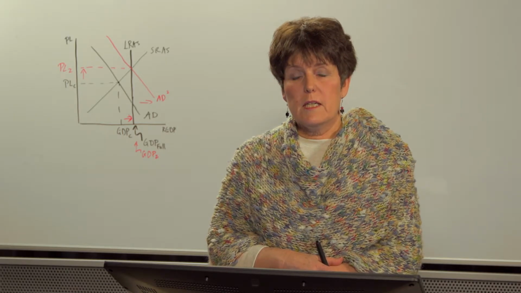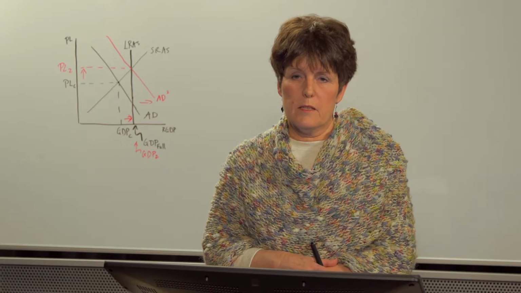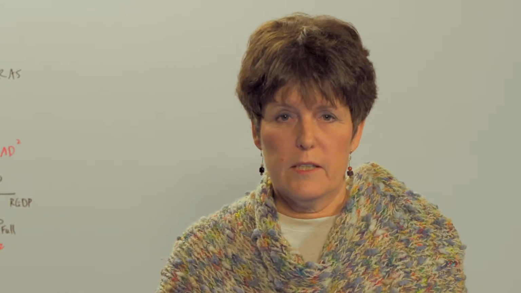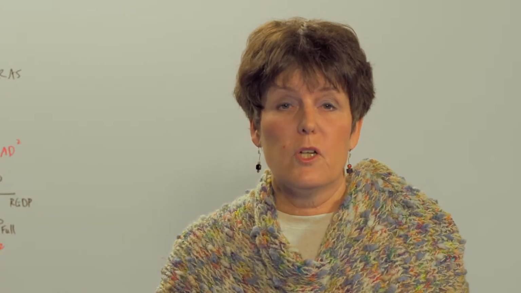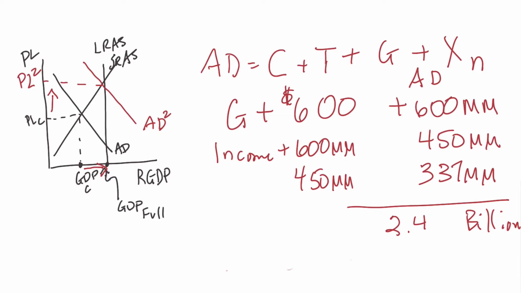You can see that the increase in government spending has a multiplied effect throughout the economy. If we carry this to the end, so that people are spending 75% of a minute change in income, we'll get a total of $2.4 billion.